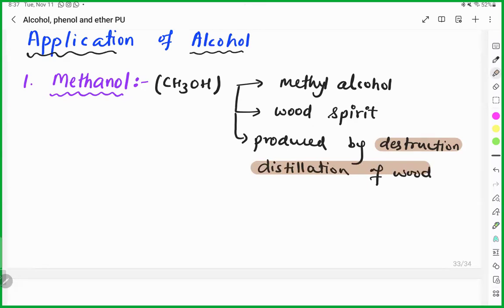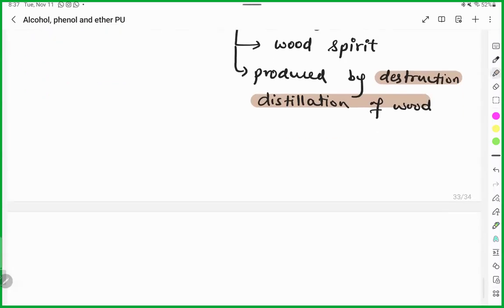But how can we produce it commercially from carbon monoxide? If you take carbon monoxide and react it with hydrogen, of course the product should be methanol, because that's what we are preparing.